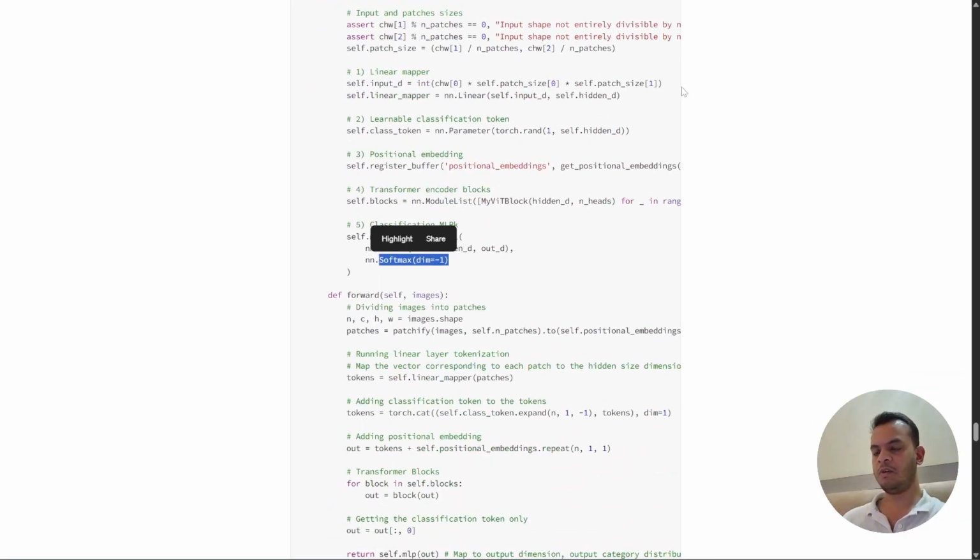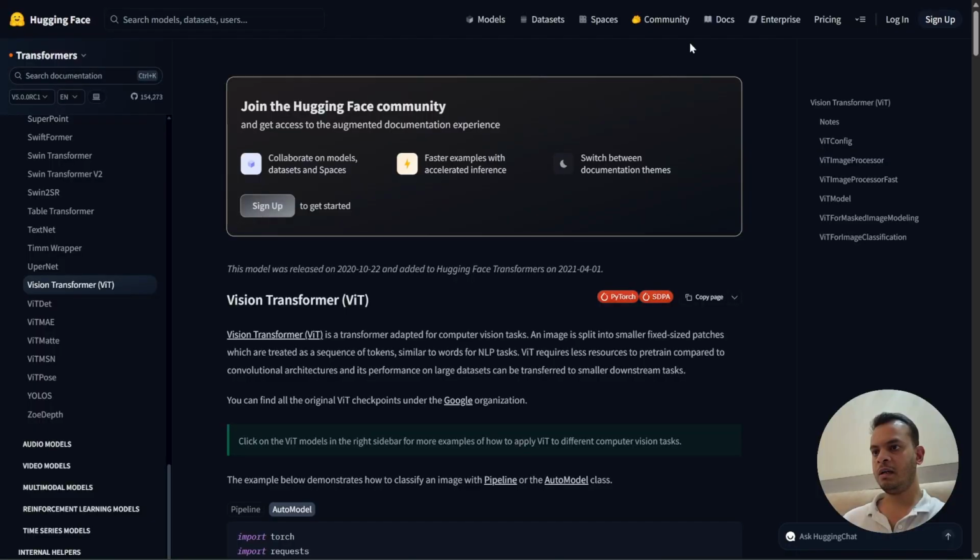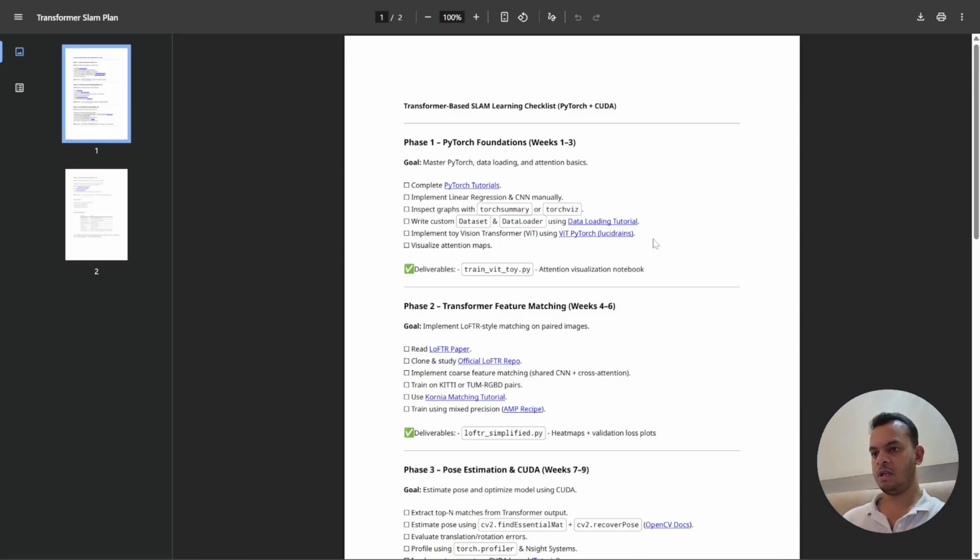At this point, we can go ahead and use a pre-trained vision transformer model from Hugging Face for our purposes. So next we will use a simple vision transformer to do a classification task, and then we will visualize the attention maps in that.